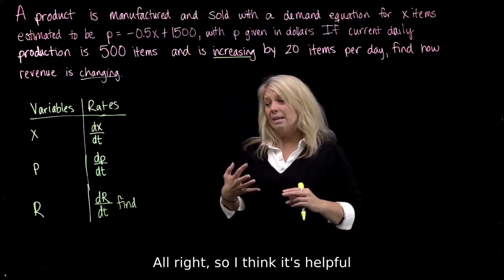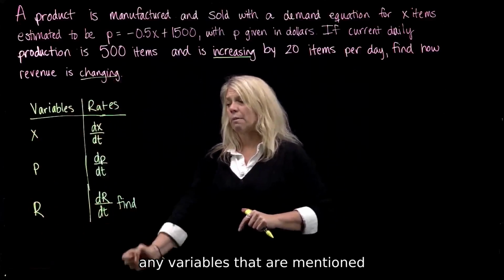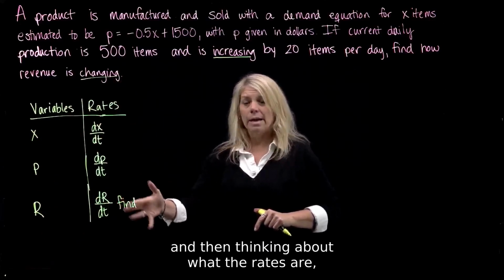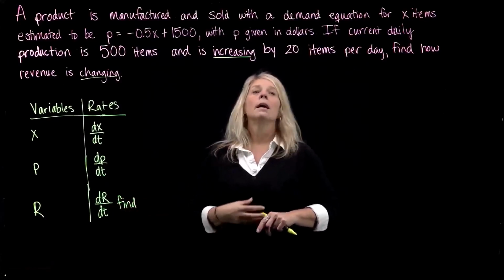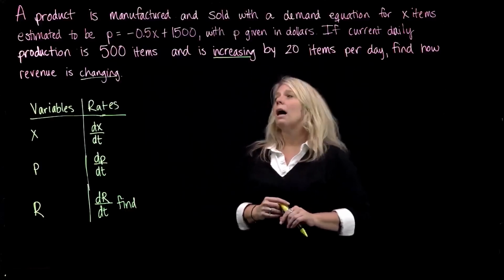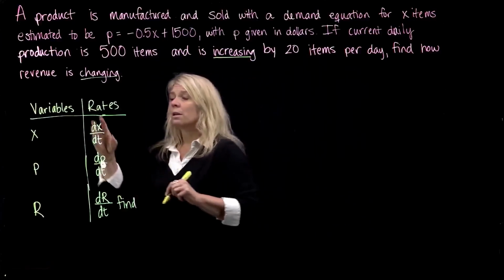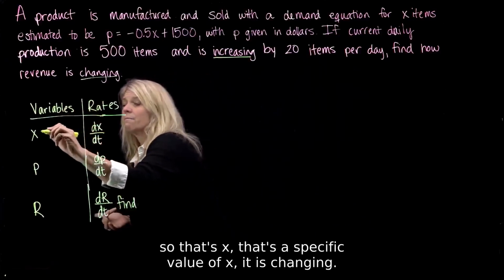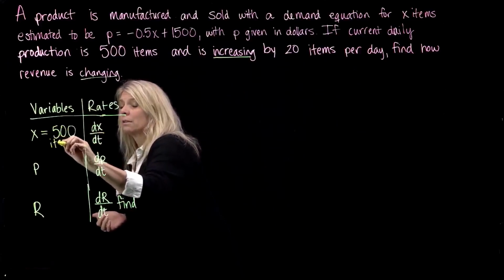All right, so I think it's helpful to just organize your information here, any variables that are mentioned, and then thinking about what the rates are, identify what it is that's being asked to find, and then also any other information that's given here. It tells us here that production is 500 items. So that's X, that's a specific value of X. It is changing.